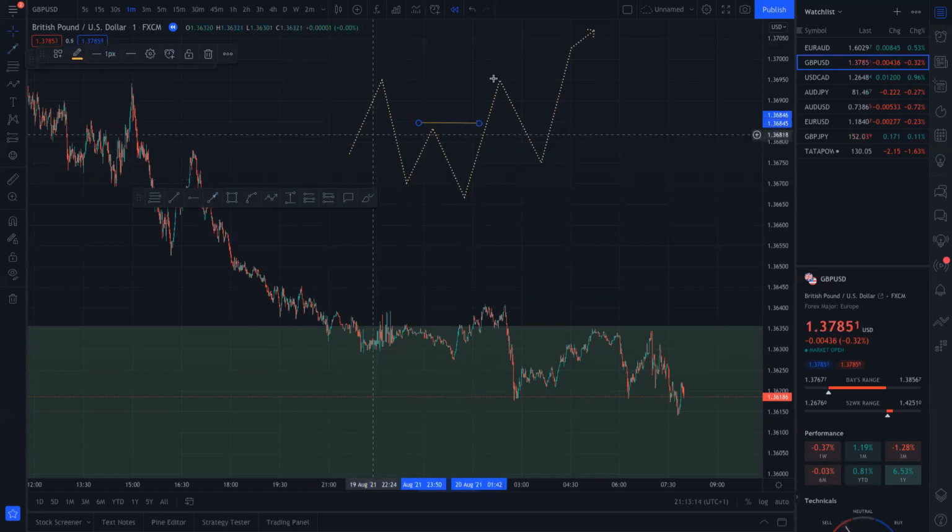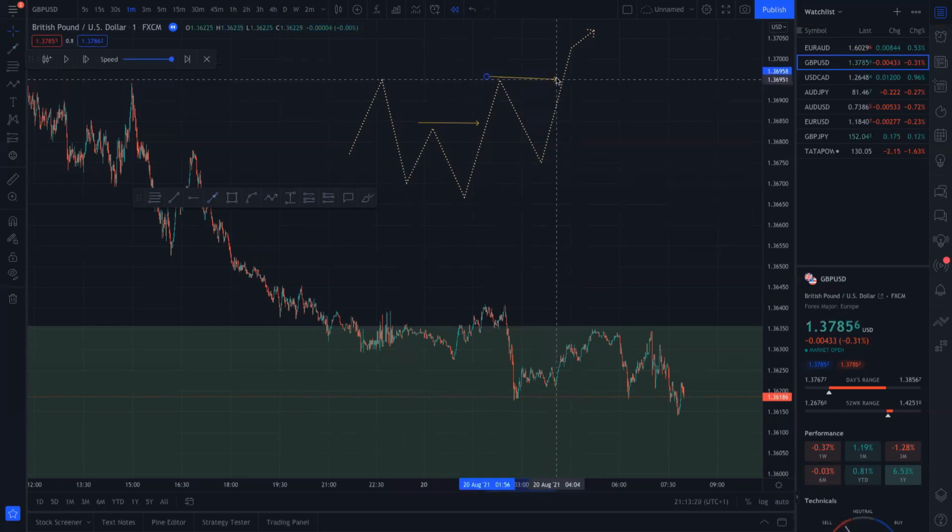So what does this mean? It means we are officially changing the trend on the 1 minute. This change on the 1 minute will, in some time, be a change in trend on the 5 minutes, 15 minutes, 1 hour, 4 hour.